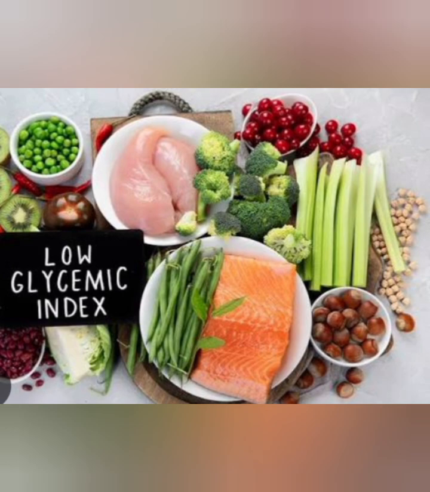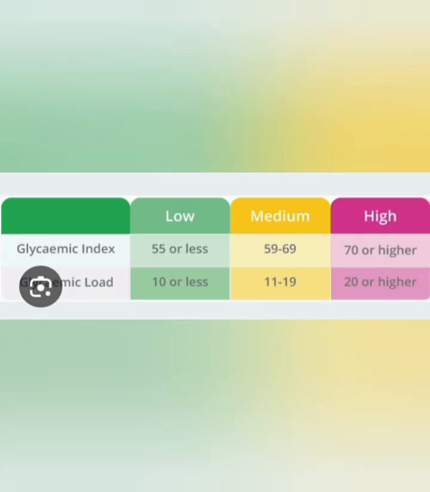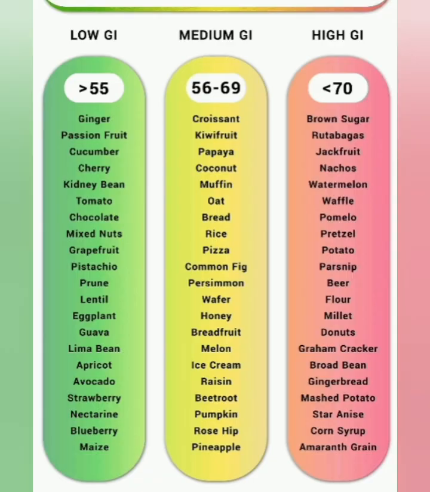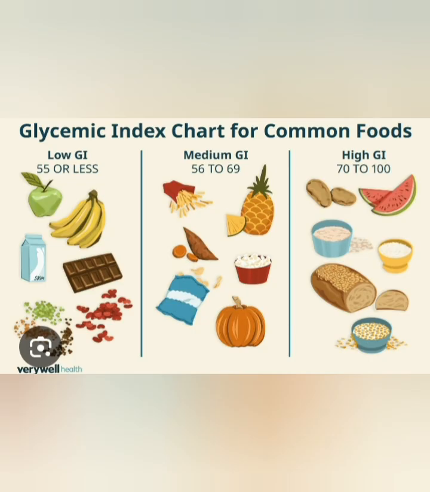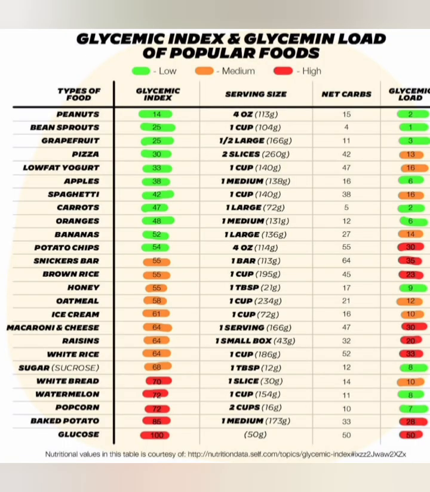Glycemic load measures the total amount of carbohydrates in a serving of food and how quickly those carbohydrates raise blood sugar levels. Calculation: glycemic load equals glycemic index times the amount of carbohydrates in a serving, divided by 100. It focuses on the overall impact of a serving of food on blood sugar level.